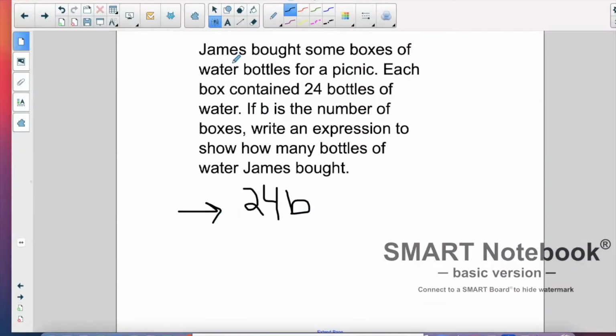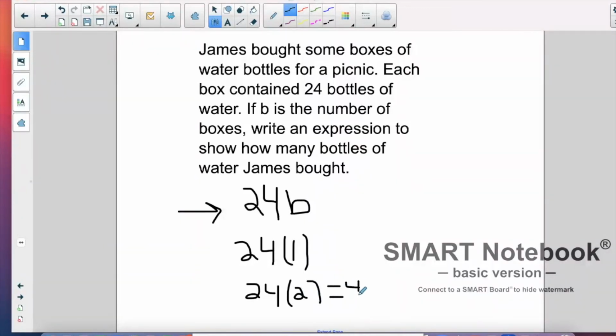And if you think about it, it makes sense, because if you had one box, you would do 24 times 1. That's 24. We're looking for the bottles of water. If we have 2 boxes, we have 48.